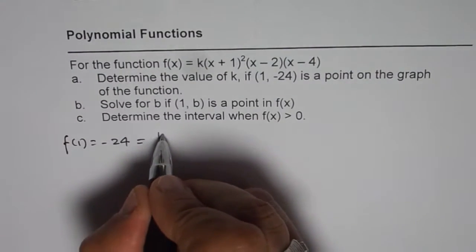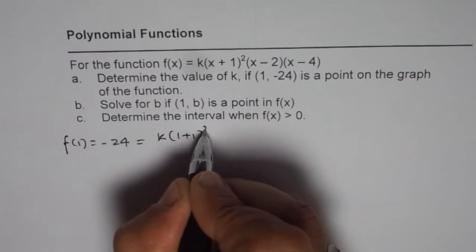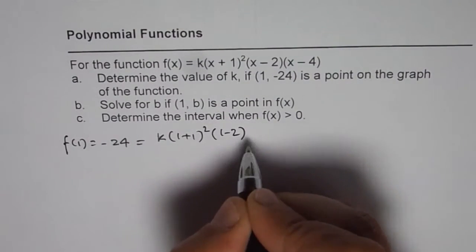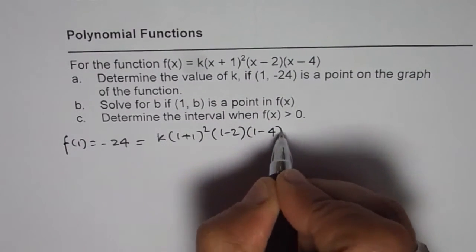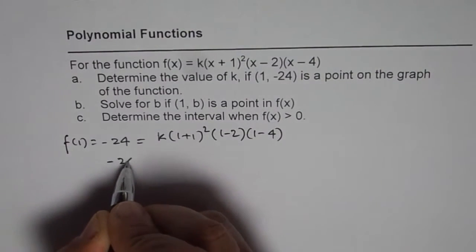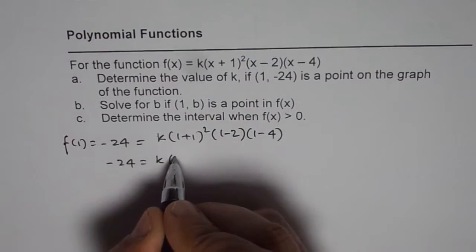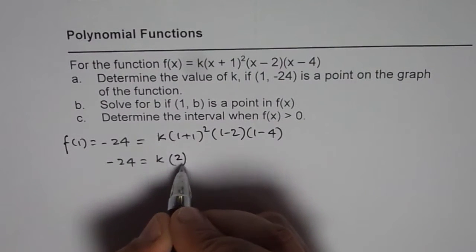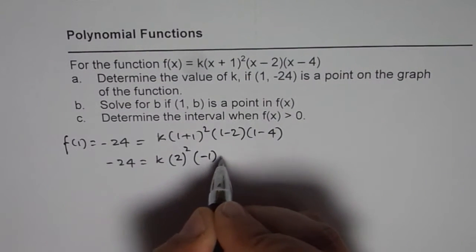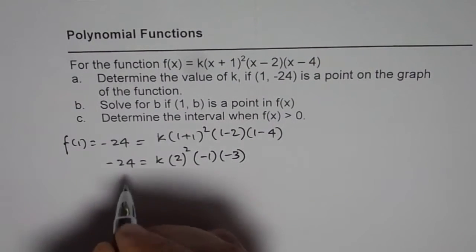So we get k times (1 plus 1) whole squared times (1 minus 2) times (1 minus 4). Now that gives us minus 24 equals k times 2 squared, and here we get minus 1 times minus 3.